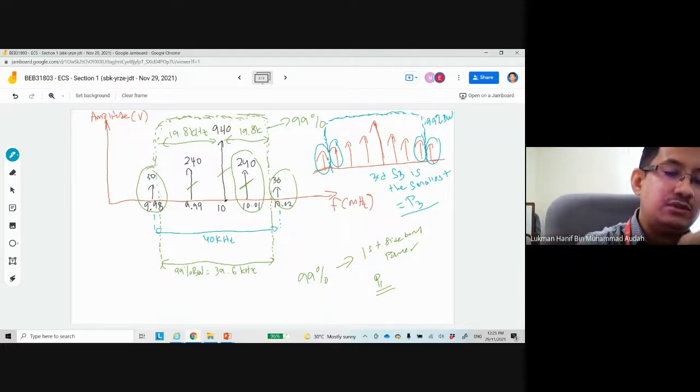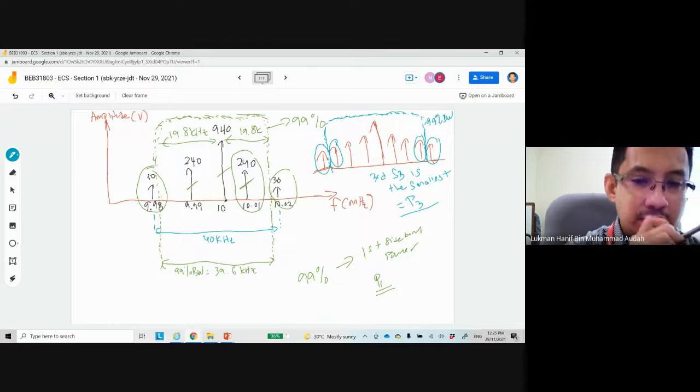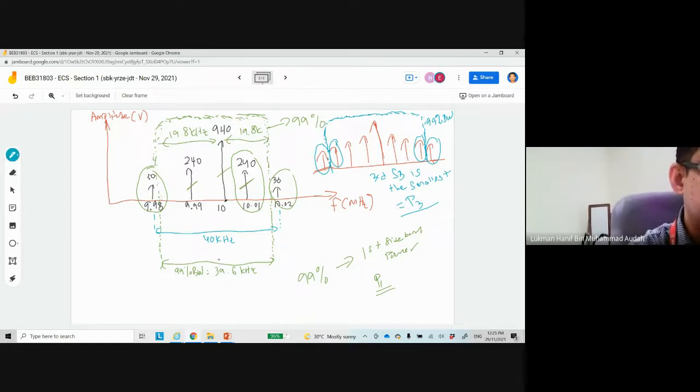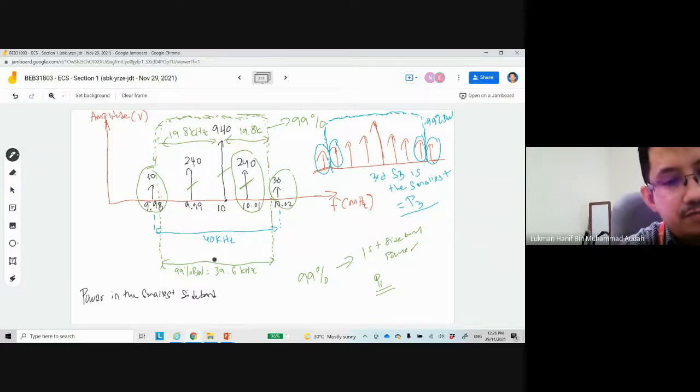Okay. So we go back to this example. Kembali kepada soalan ini, bermakna power in the smallest sideband is equal to P1, okay, which is equal to J1 square PC.